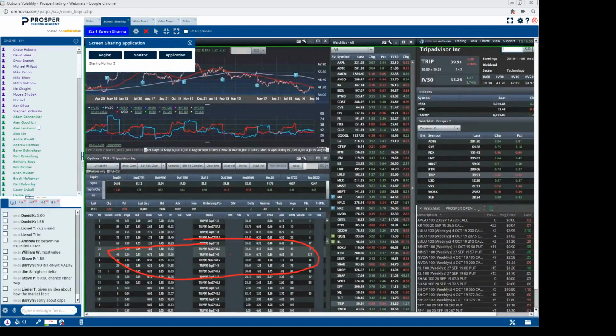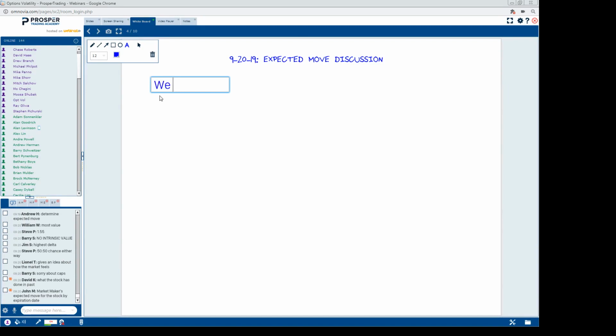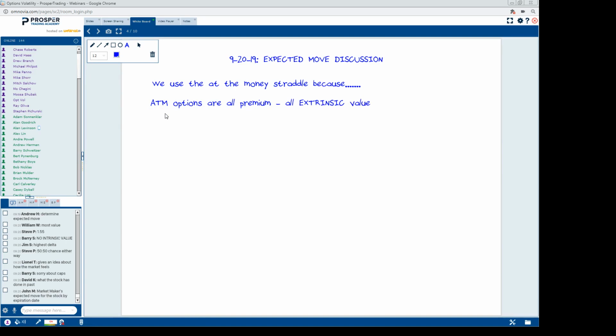Okay, at-the-money options are all premium. So we use the at-the-money straddle because at-the-money options are all premium, all extrinsic value, okay? No intrinsic value.